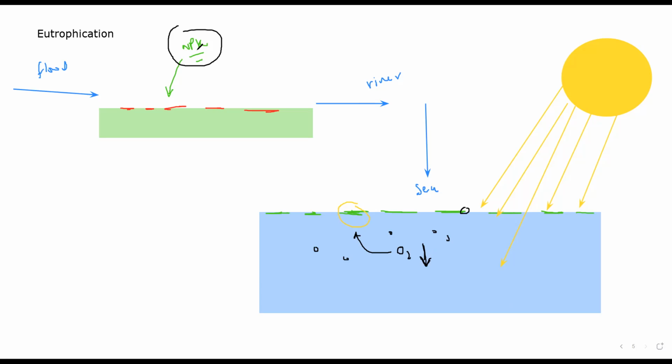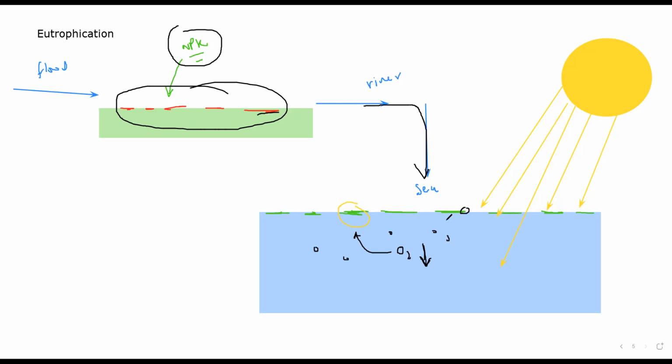So we use the fertilizers, nitrogen, phosphorus, and potassium, for the better growth of the plant, but due to flood or heavy rain, that water will dissolve or wash away these fertilizers, first into a river, and then that river water enters the sea.